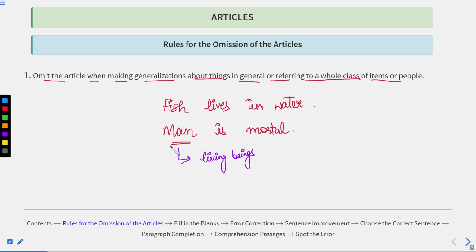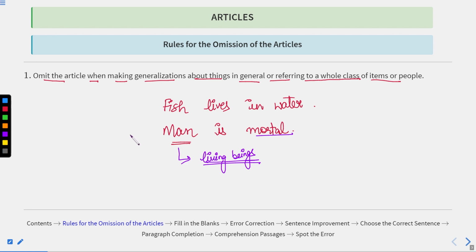So man here means all living beings: men, women, children, animals, and everything on earth that has life. And that is mortal. So this is showing the widest category, or the whole class.